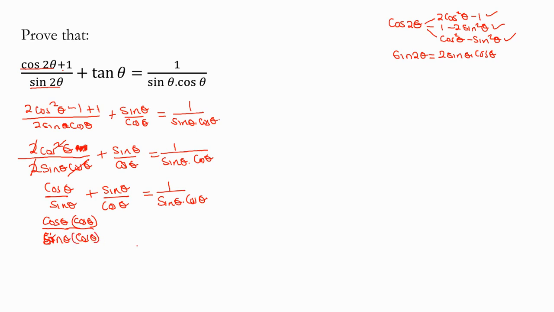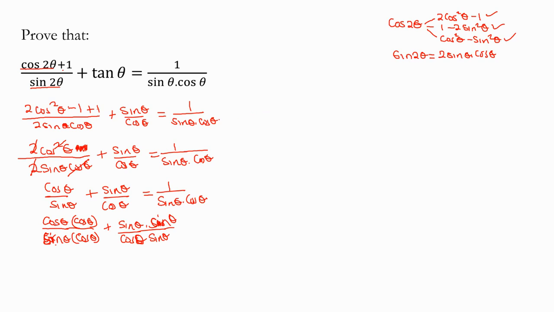Okay, so that our denominator is what? Sine theta cos theta plus sine theta over cos theta, times sine theta over sine theta. Right, okay.